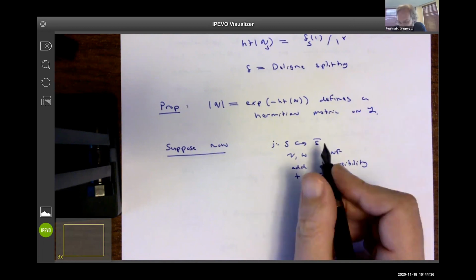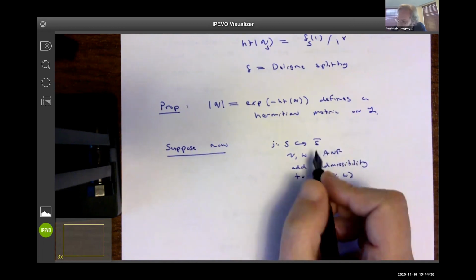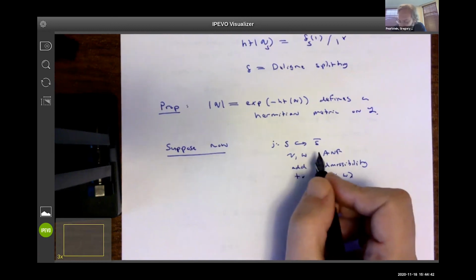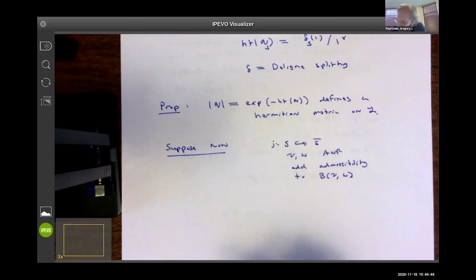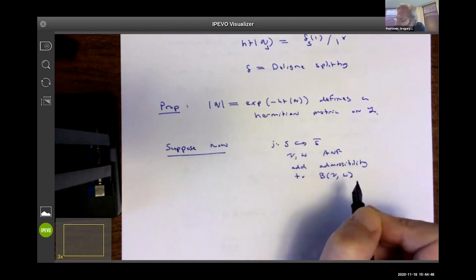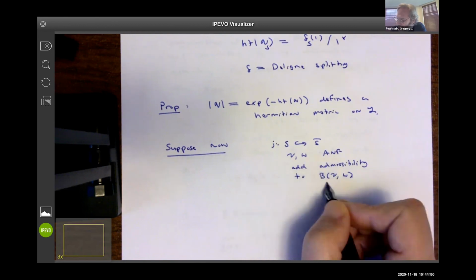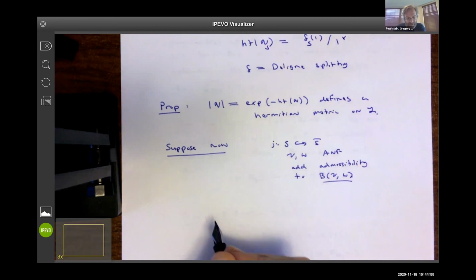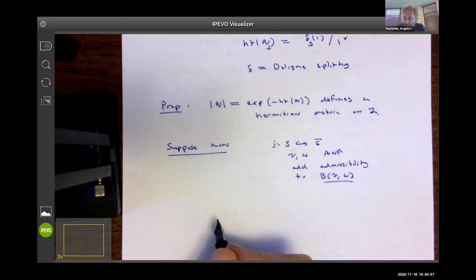Actually, quasi-unipotent is okay. So nu and omega will be admissible normal functions, and then we're going to have to add admissibility to this condition on B of nu and omega.